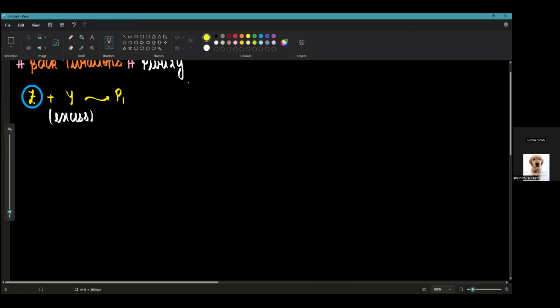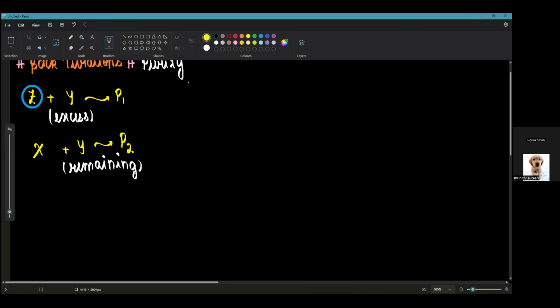If Y is taken in excess, that means even after the reaction, some amount of Y will be remaining in the system. So that remaining Y, for example, is treated with another compound X, and it is going to give you a product P2.